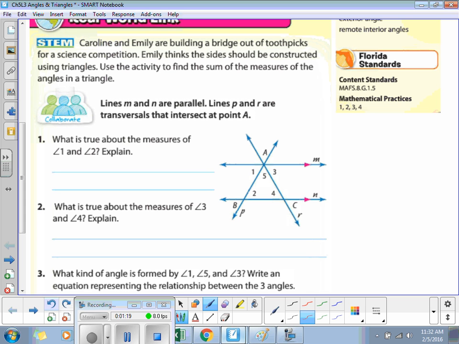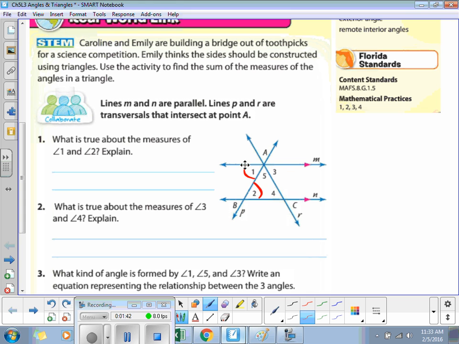And explain. So, angle 1 and angle 2 are alternate interior angles because they are on the inside of the parallel lines and they are on opposite sides of the transversal, right? And what do I know about alternate interior angles measured?